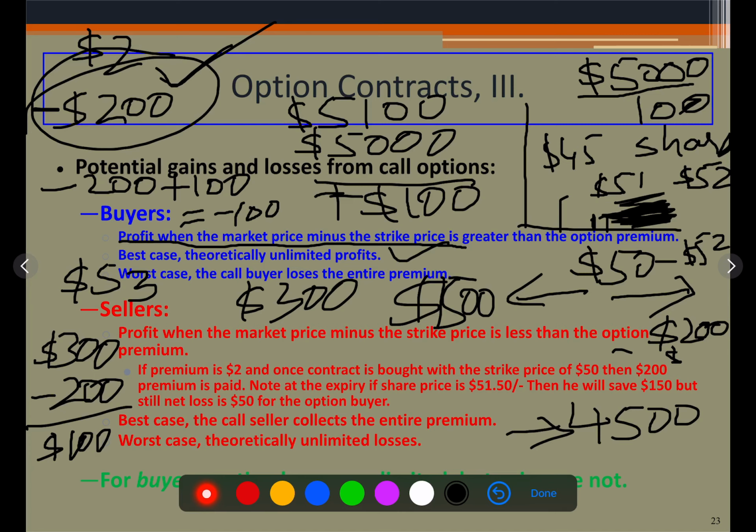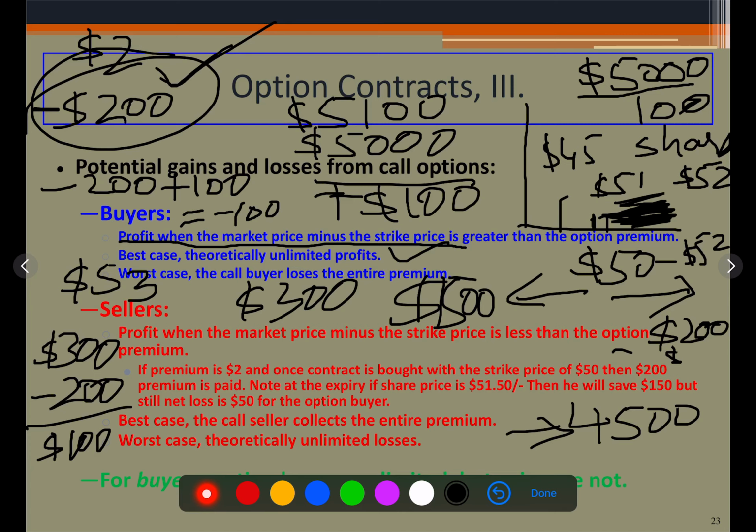In that case, you are certain that the cost for you to buy those 100 shares will not be more than $50. So you are very certain, so you manage your risk. You wanted to eliminate the risk. You wanted to put a maximum cap at which you want to buy those shares, right? So you manage your risk over here.